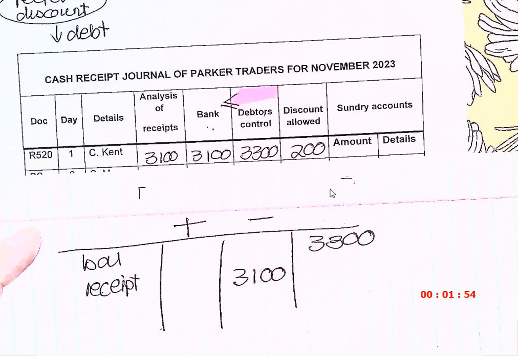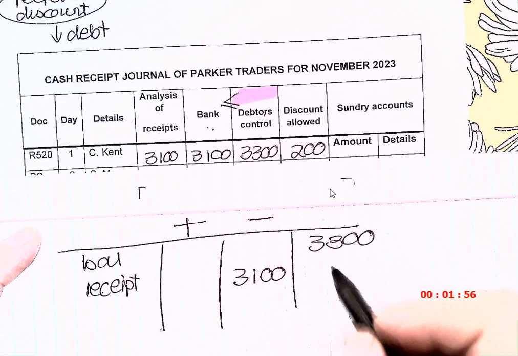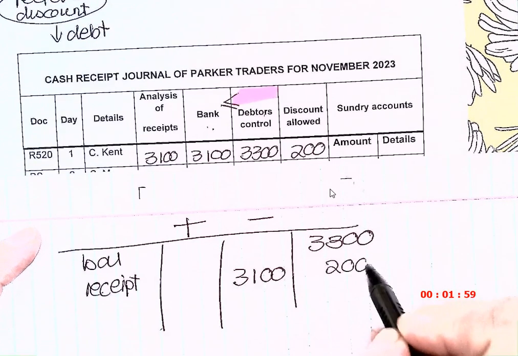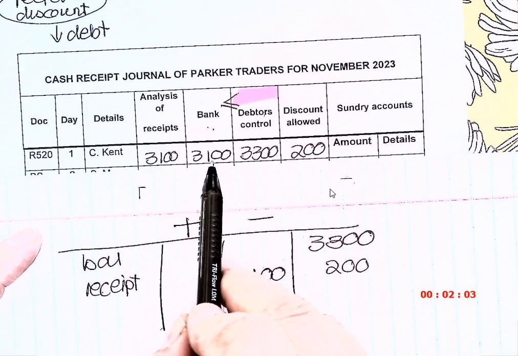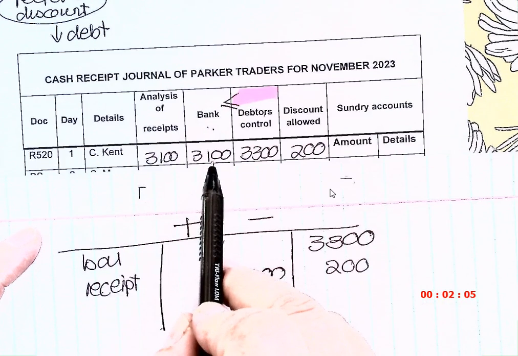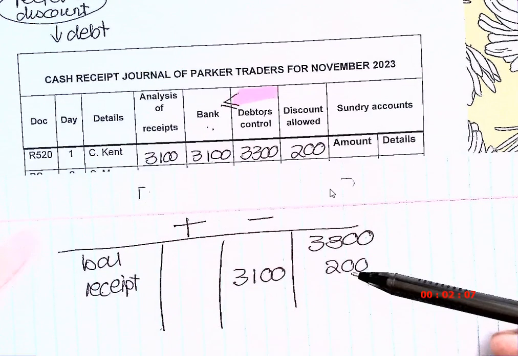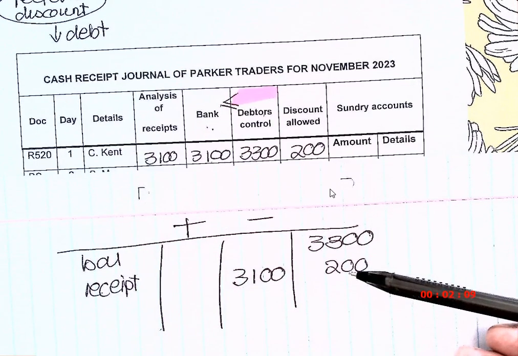Meaning, how much does he owe me now? 200. Can you see, if I look at my books now, I put the 3,100 into the bank. But now there's a problem, because they tell me that he settled his debt.